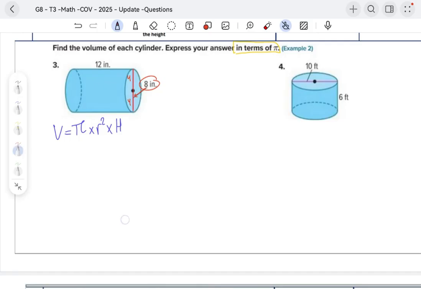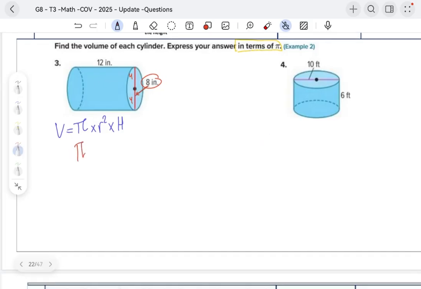So now we're going to have pi. Don't substitute the value for pi because it says in terms of pi, times a radius which is 4 squared times the height which is 12. Pi times 4 squared is 16. 16 times 12.